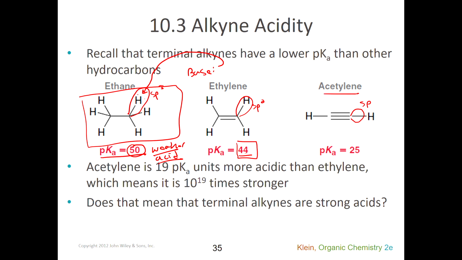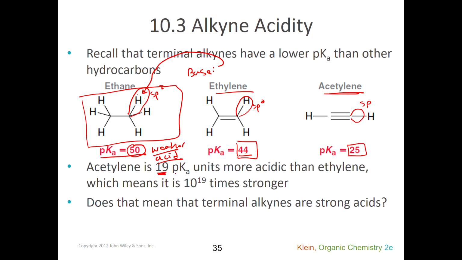But when we look at the alkyne, we see the pKa is a lot lower. So comparing ethylene versus acetylene, these are both common names for ethene and ethyne, subtracting 44 minus 25, I get 19 pKa units difference. That is a lot.